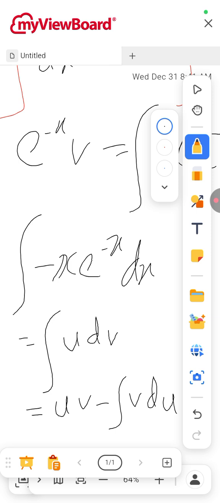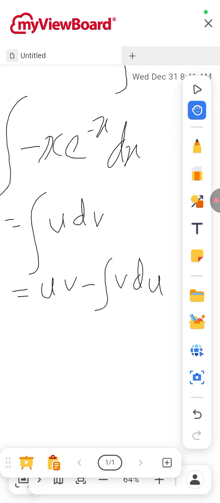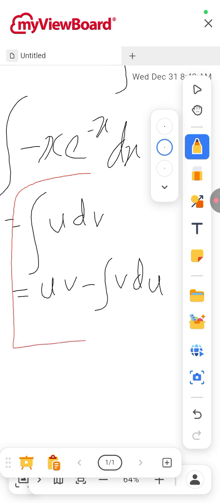That's my own personal way of remembering the formula for integration by parts. So you turn the question into integration by parts. This is the integration by parts formula: integrating u dv is equal to uv minus integration of v du.